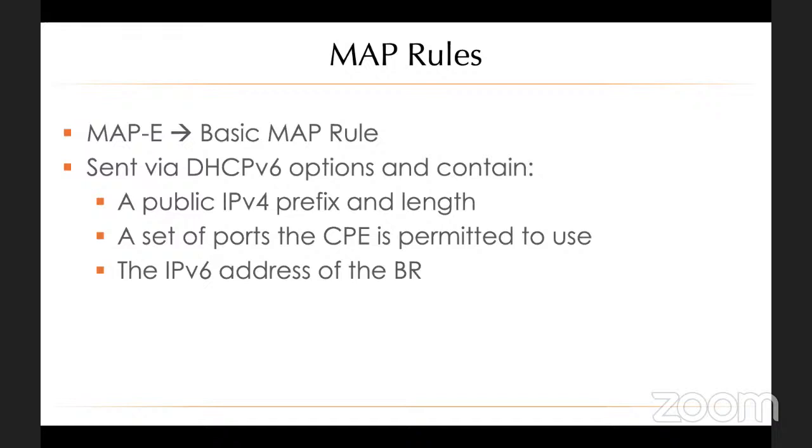You're going to use addressing information, the public IPv4 address and what we call extensible address bits, to signal to the host the ports that they're going to use, which is more common. And then the CPE also needs to know the IPv6 address of the border relay, right? So all this information is sent via MAP rules, and you do this via DHCP options.